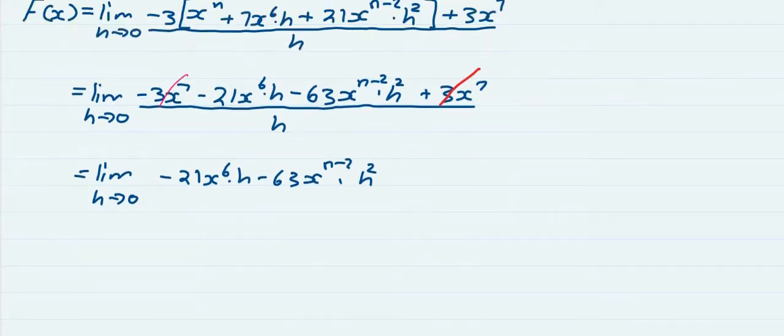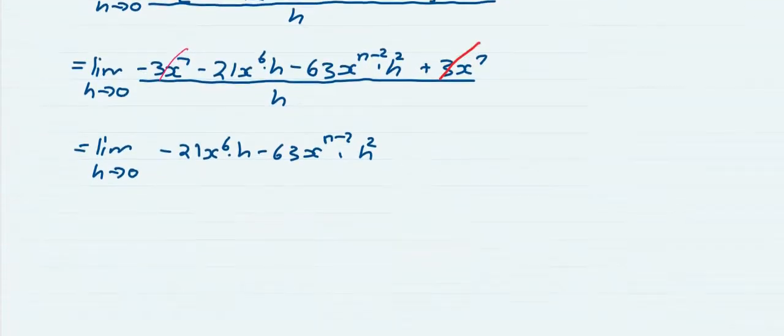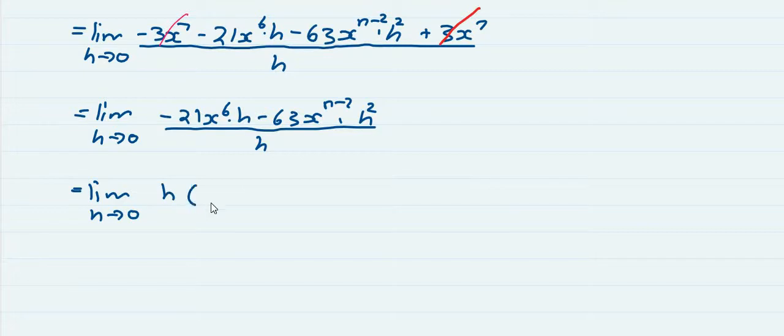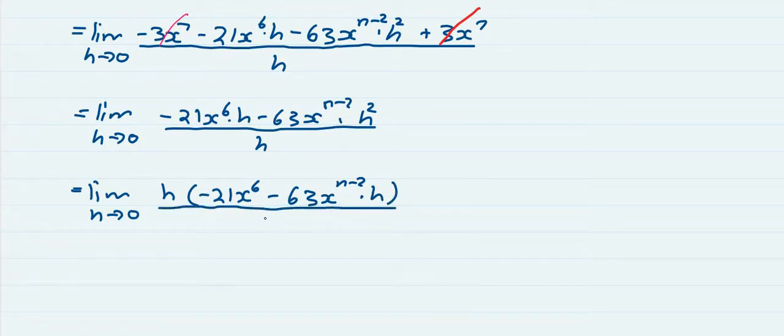All divided by h. Then the limit as h approaches 0, and h is a common factor: h times minus 21x to the exponent 6 minus 63x to the exponent n minus 2 multiplied by h, all divided by h again.